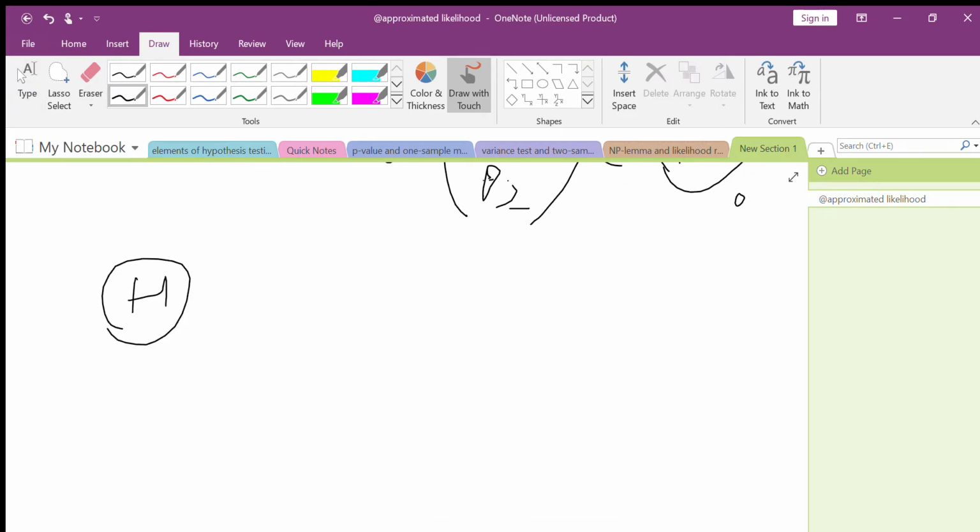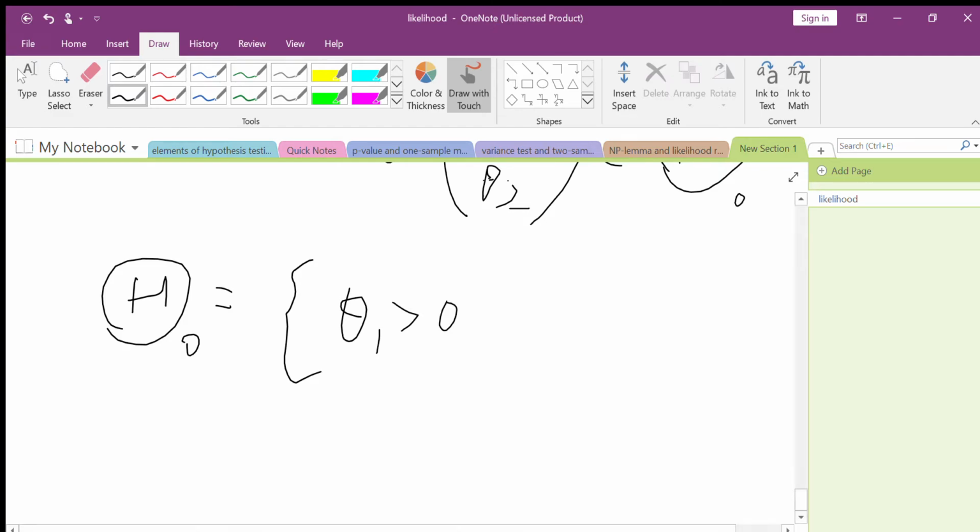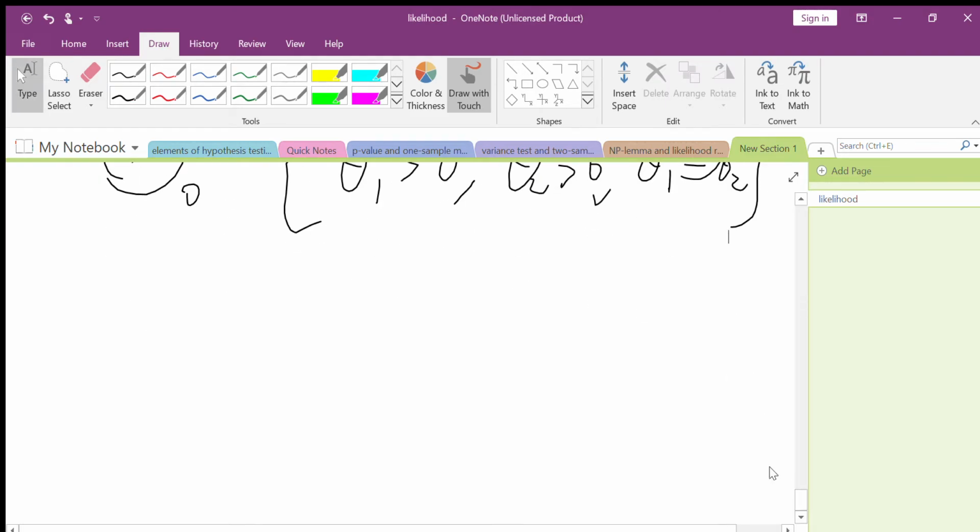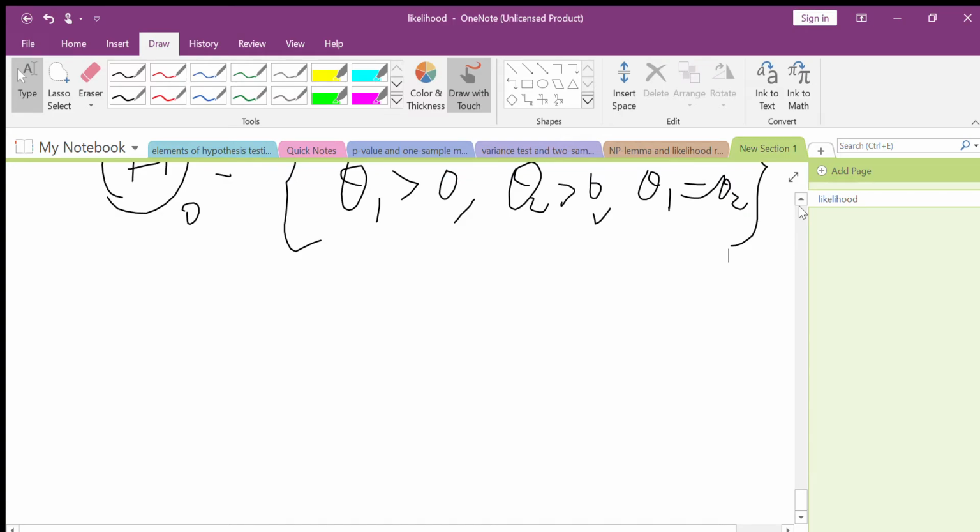Capital theta 0, the null parameter space, is theta 1 greater than 0, theta 2 greater than 0, theta 1 equals theta 2. So since theta 1 equals theta 2, the number of free parameters r0 in this null parameter space is 1.